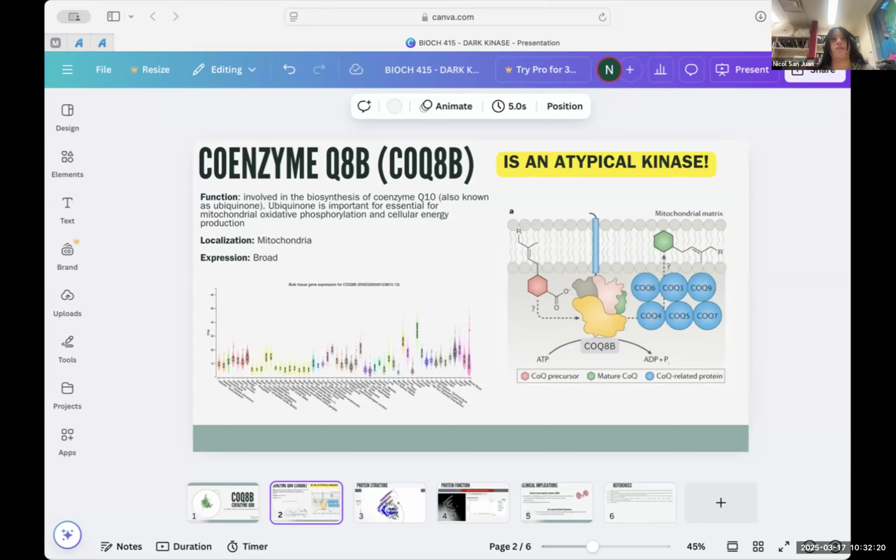Instead, coenzyme Q8B exhibits ATPase activity by hydrolyzing ATP into ADP in the presence of coenzyme Q intermediates to enable the formation of mature coenzyme Q.